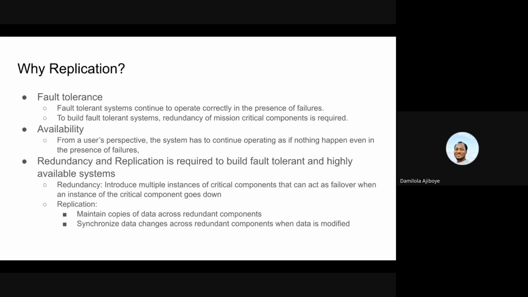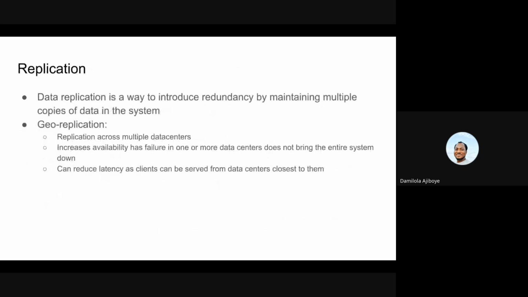Whenever there are changes in this data, you want those changes to be synchronized across the redundant components. So data replication is a way to introduce redundancy by maintaining copies of data in the system.